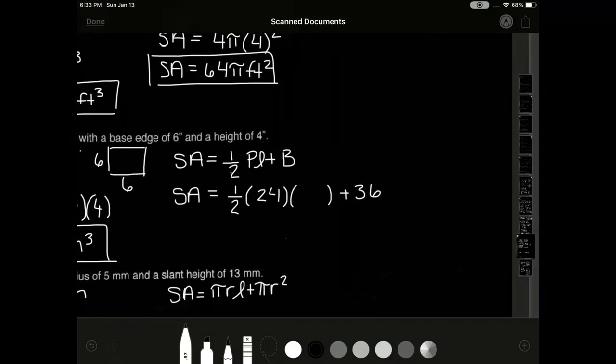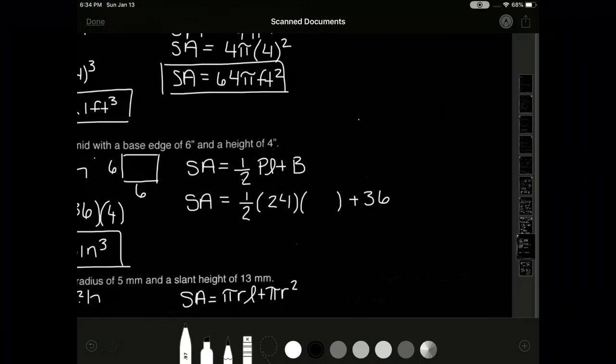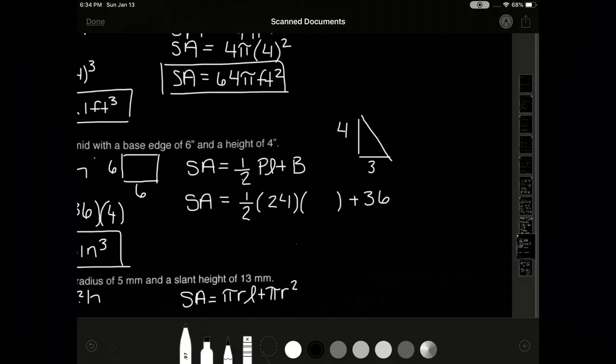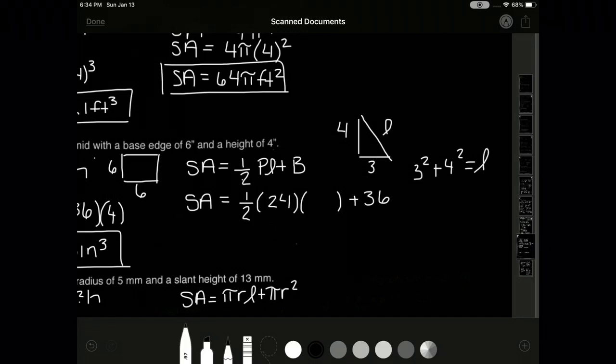Now the slant height requires a little bit more work. If we think about the triangle that we can form in our pyramid, the height is 4. And if one side is 6, then from the center to the edge is only half of that, so that's 3. And then we want to look for the slant height. So we're going to take 3 squared plus 4 squared equals L squared. So we get 9 plus 16 equals L squared.